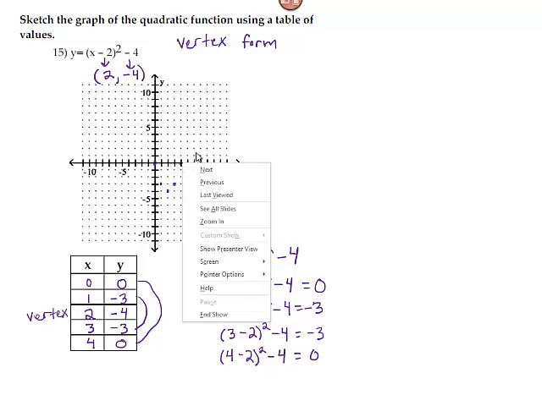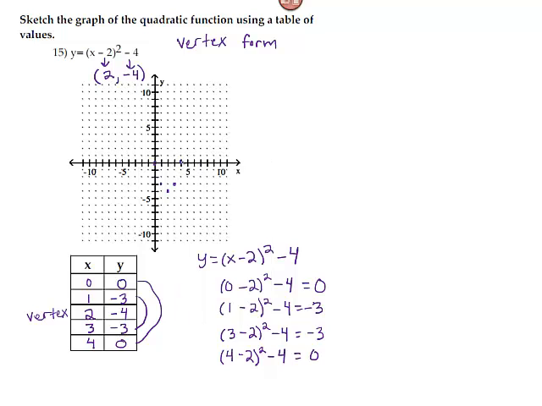Also, these should give you U-shaped graphs, so if you get something that is not looking either like a U or an N, then something probably happened and you need to go back and check your work. It's kind of hard for me to draw the way I'm recording this, so sorry about that. That's my problem. It's like a smiley face.